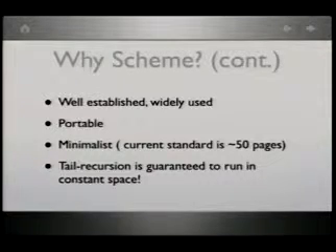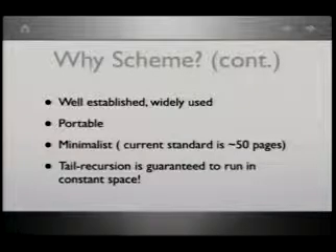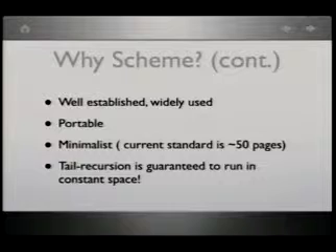Another thing, Scheme interpreters are required to optimize tail recursive calls to minimize the use of the stack. Tail recursion just means it's a recursive function where the last thing the function does is call itself. So it's like the tail of the function is what recurses.